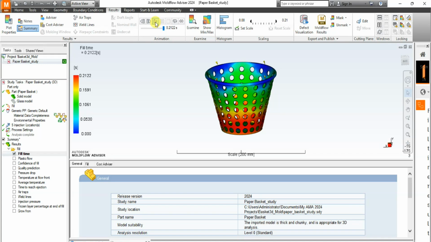The race track effect can cause air traps and weld lines, so check the location and number of air traps and weld lines. This is very, very important, and you should take very important note of this.